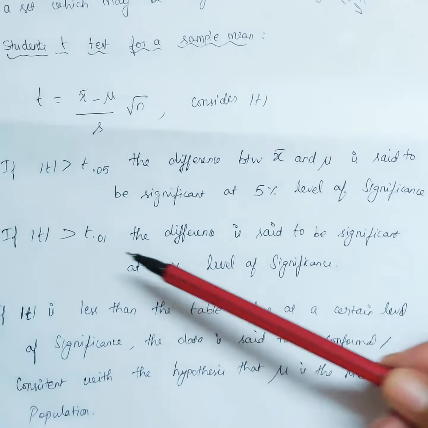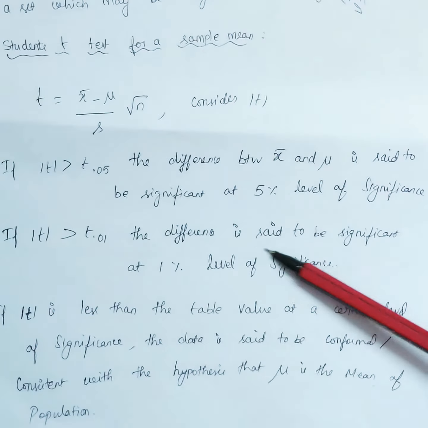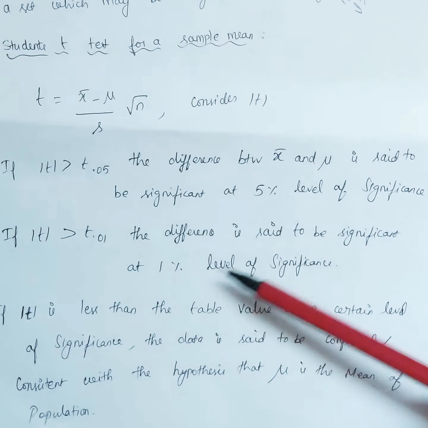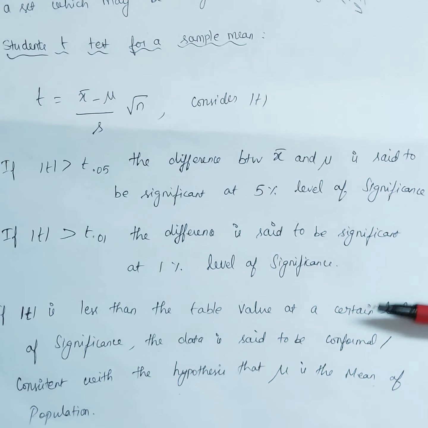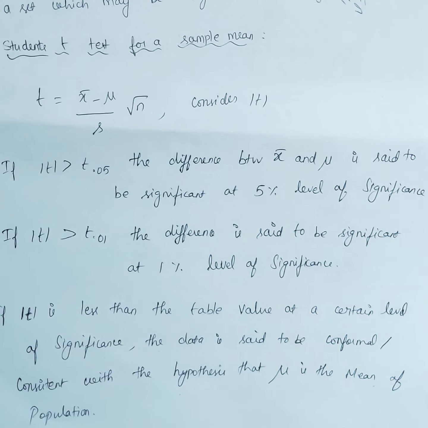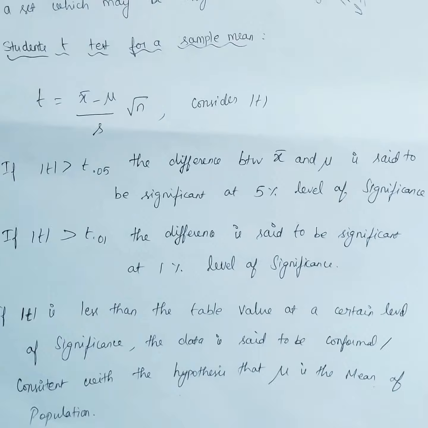If mod t is greater than t of 0.01, the difference is significant at 1% level of significance. If it is less than the critical value, the data is said to be consistent with the hypothesis, that is, mu is the mean of the population. We'll see problems based on that.